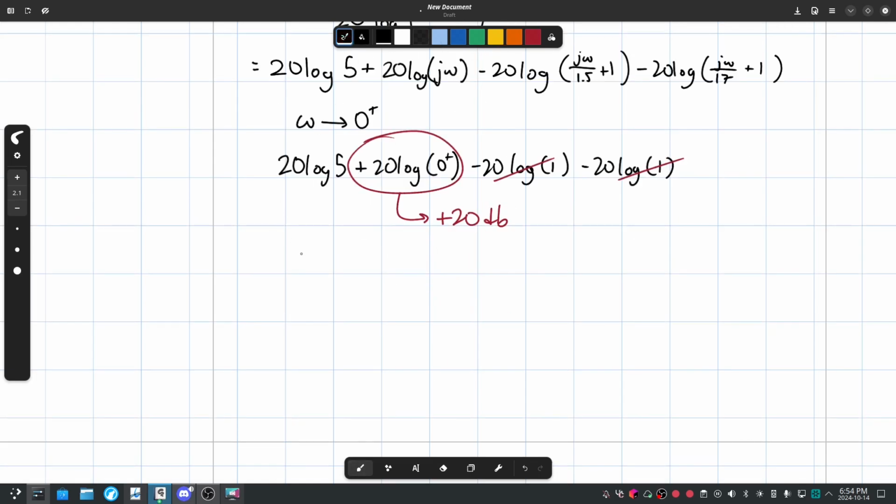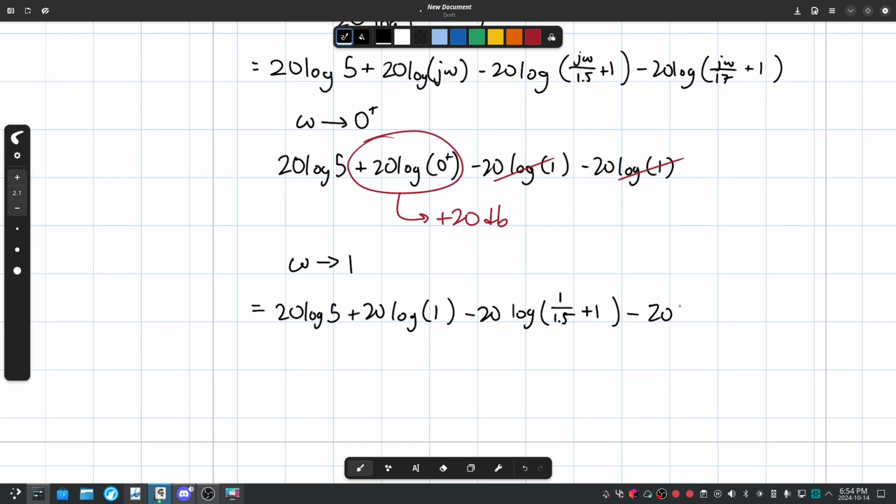Let's do as ω approaches 1. What are we going to get? We're going to get 20 log of 5 plus 20 log of 1, minus 20 log of 1 over 1.5 plus 1, minus 20 log of 1 over 17 plus 1.